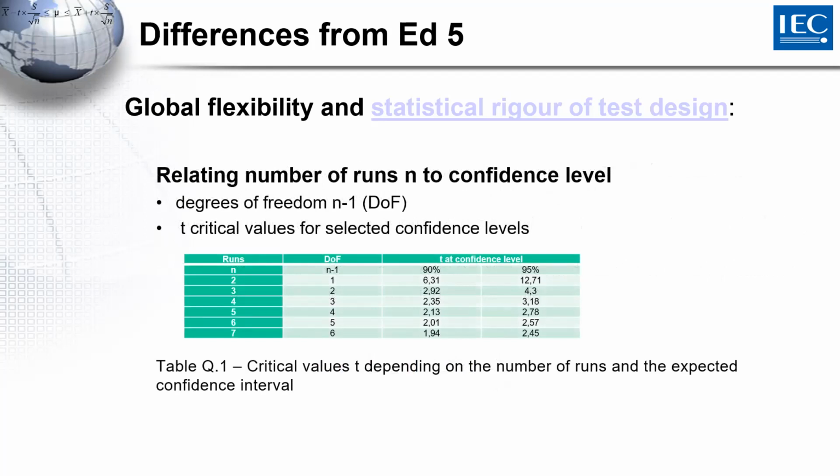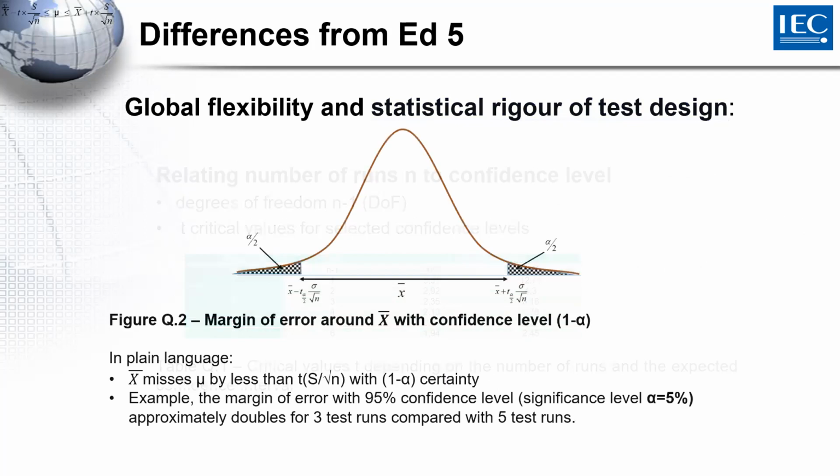We can relate the number of runs n to the confidence level with the degrees of freedom and t critical values for selected confidence levels. The critical values t depend on the number of runs and the expected confidence interval. Next, please. We're looking at 95%, and in plain language, this is what we get.